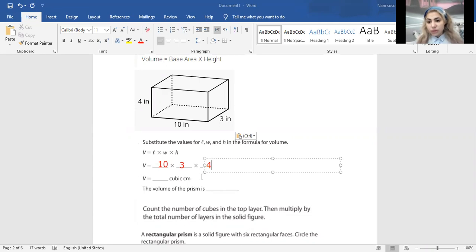We can use the commutative property of multiplication, and we multiply 3 times 4 equals 12, times 10 equals 120 cubic inches.